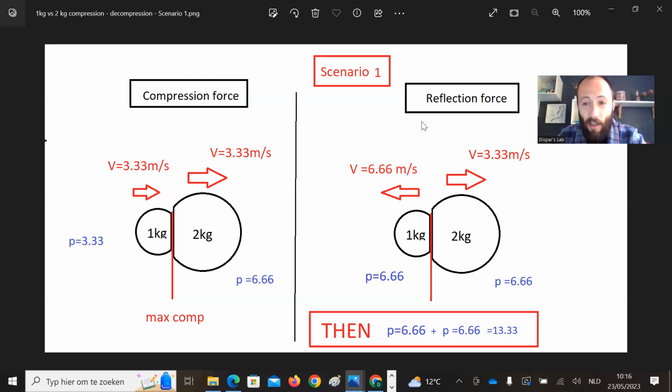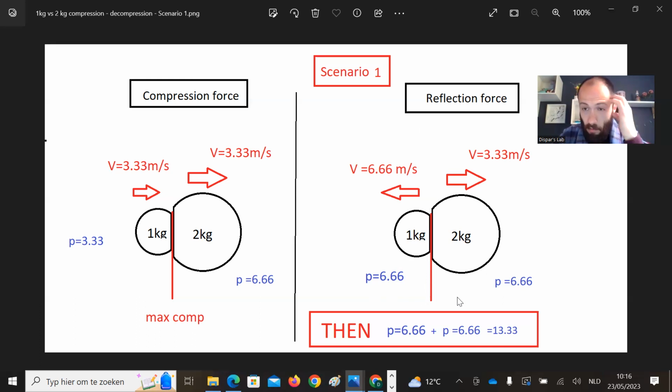But calculate the momentum. So it's 6.66 being pushed back. So momentum is 6.66. And the momentum of the 2 kilogram is also 6.66. Add those together and you have 13.33, which is 3.33 extra momentum.